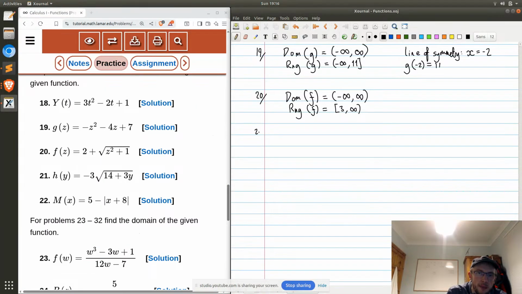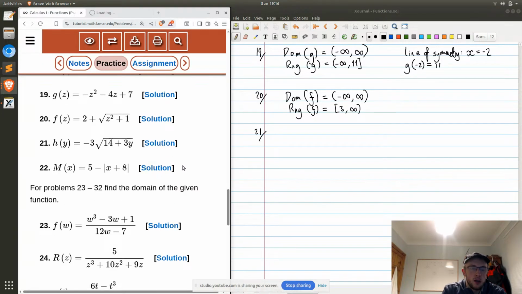Problem 21. What is the domain of this function? Well, we want to ensure that we don't have a negative number underneath the square root sign. So this 3y here, we don't want it to be anything less than negative 14.